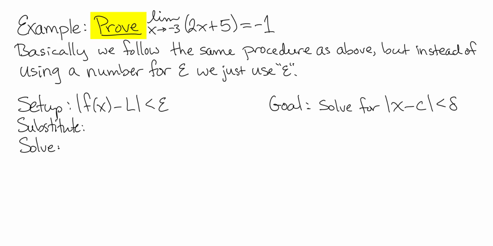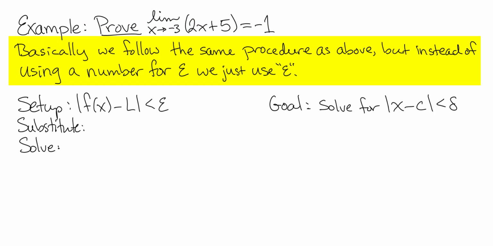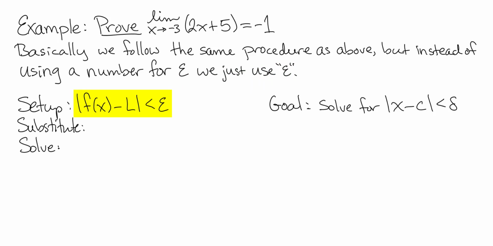For the proof, we will basically follow the same procedure as above, but instead of using a number for epsilon, we'll just leave it as the variable epsilon. Our setup is the absolute value of f of x minus L is less than epsilon. Our goal is to reorganize it to look like the absolute value of x minus c is less than delta. Again, we'll have x minus -3 is less than delta, or the absolute value of x plus 3 is less than delta.